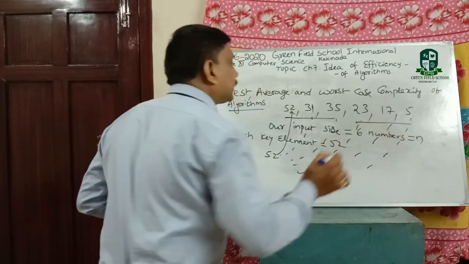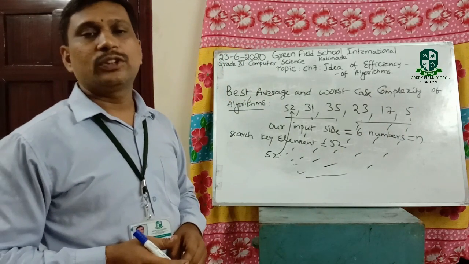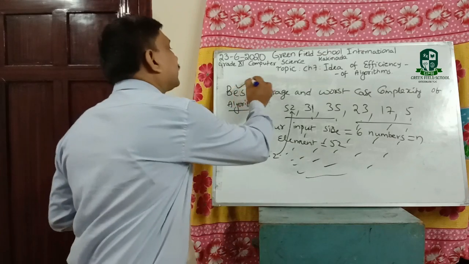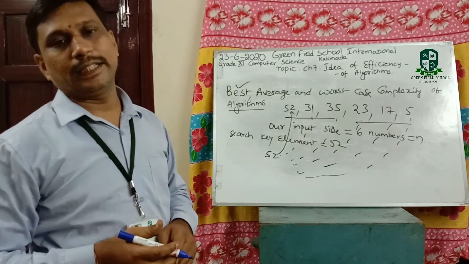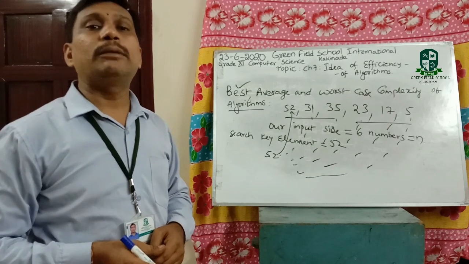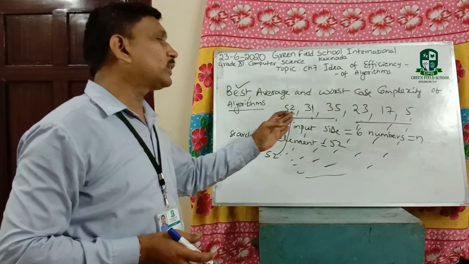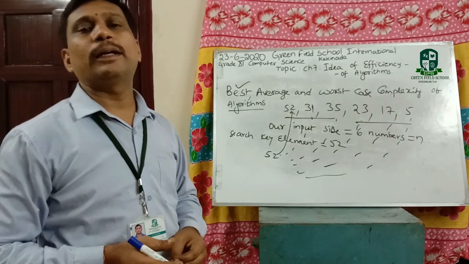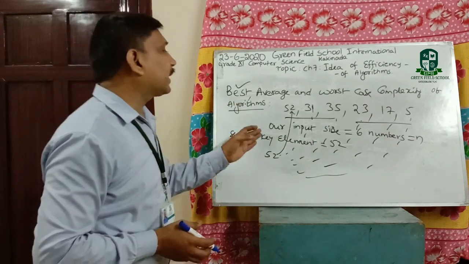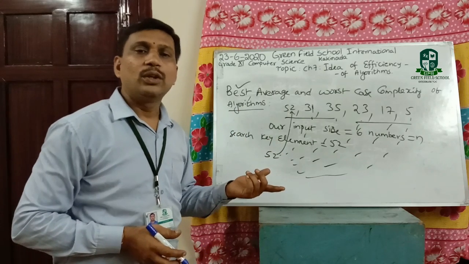That's why this type of problem solving is considered best case complexity. Best case complexity means that when you take input size n to solve a particular problem, how many steps are we taking?